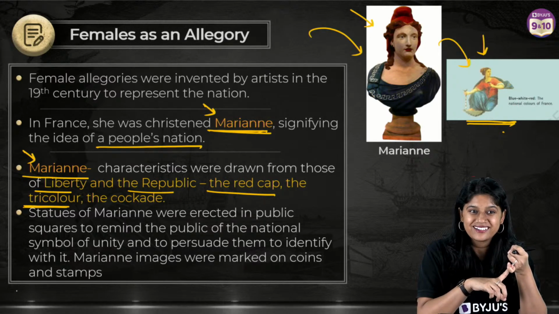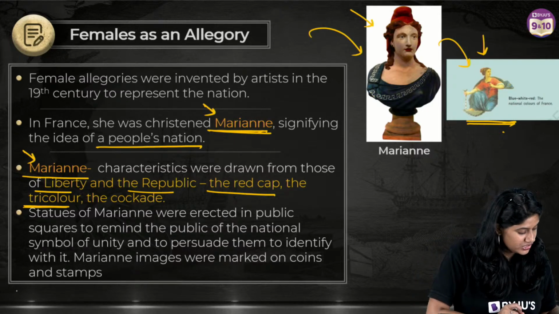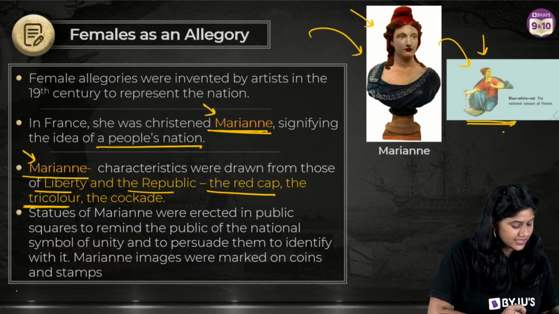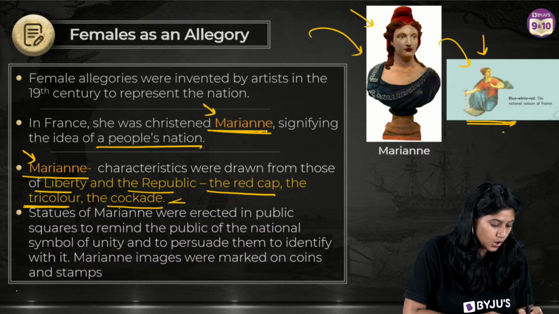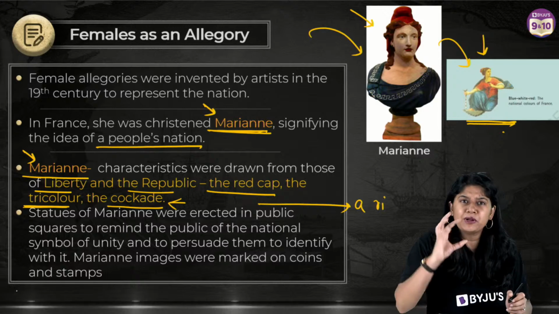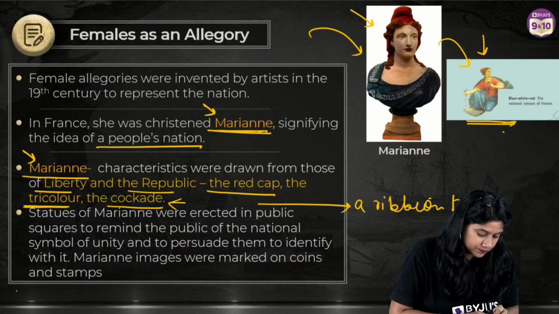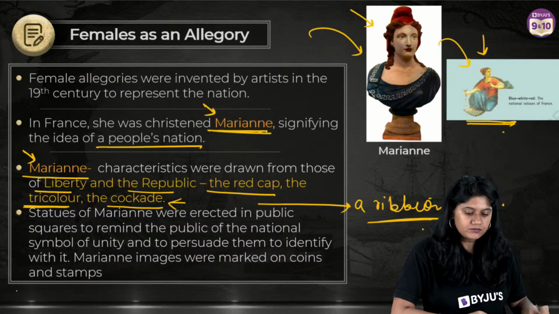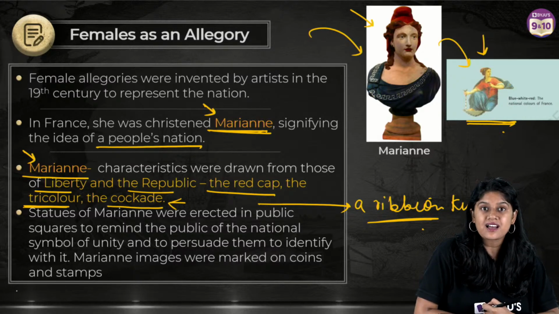And we have this very interesting thing over here, the cockade. Right over here, this word, what does it mean? It means a ribbon, or a knot kind of thing, a knot on a ribbon. It represents that. Everyone, are we clear? Very good, everyone.